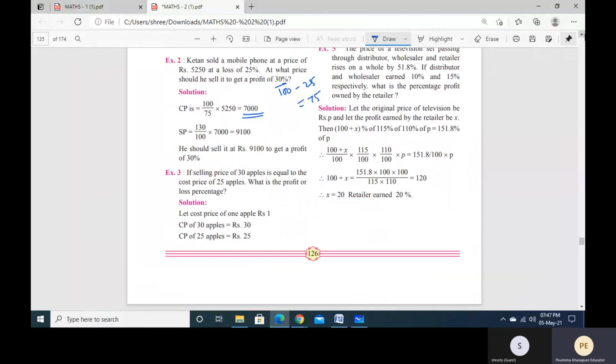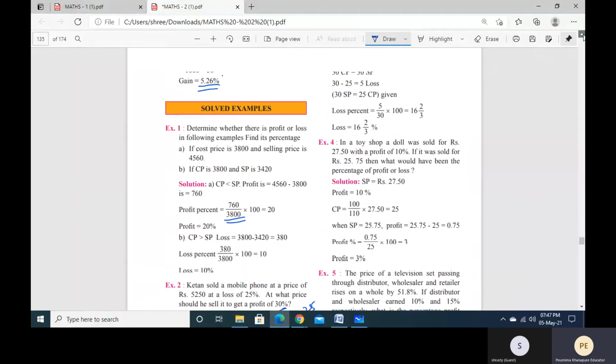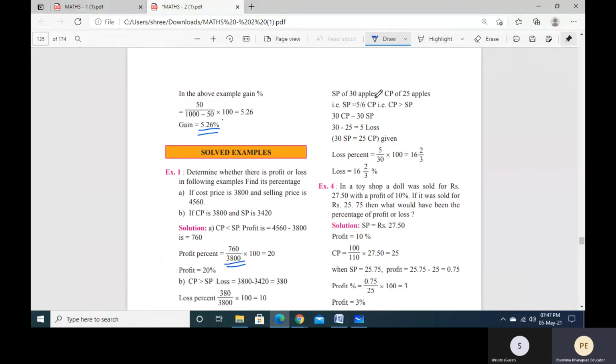They are saying the SP of 30 apples is equal to the cost price of 25 apples. That means this whole 25 apples cost 30 rupees, we can say. So what they did is just took this 30 over here. That gives SP is 5 by 6 of CP. That implies CP must be greater than SP because it's multiplied by 5 by 6.